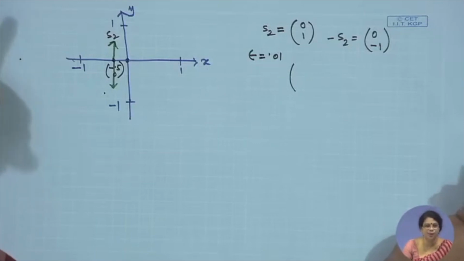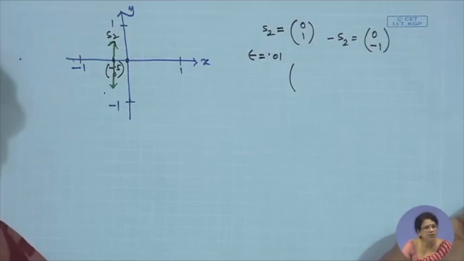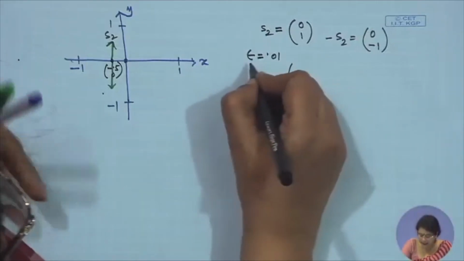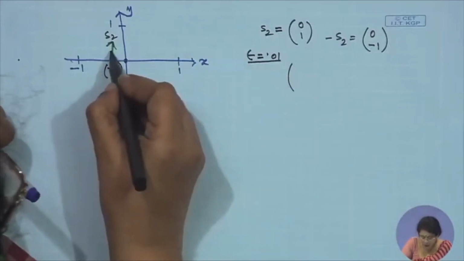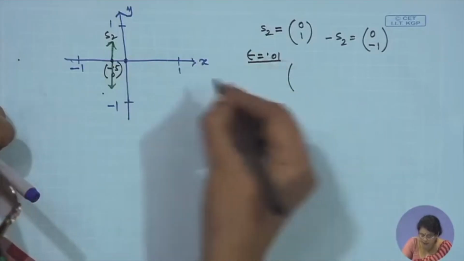Again, I am not doing any optimization here to find the optimum step length so that I could reach the solution very quickly. I just consider a small shift of y by 0.01.